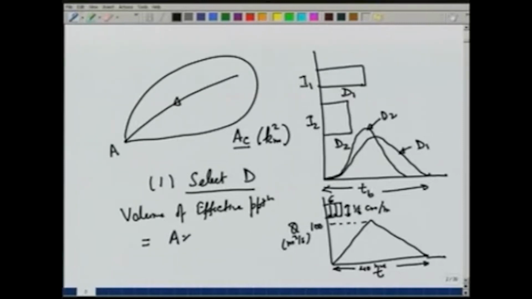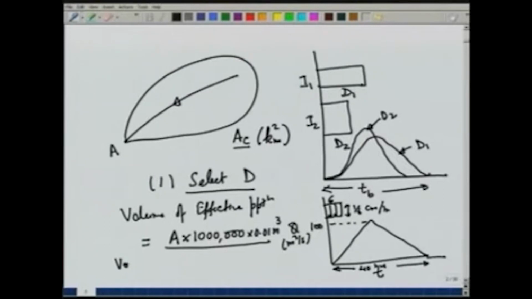So, we will multiply it with 1000 squared to get it in meter square, into the depth of rainfall, which is 1 centimeter, so it would be 0.01 in meters. So, this is the volume of effective precipitation, because we are saying that the 1 centimeter of depth falls uniformly over the entire catchment area.